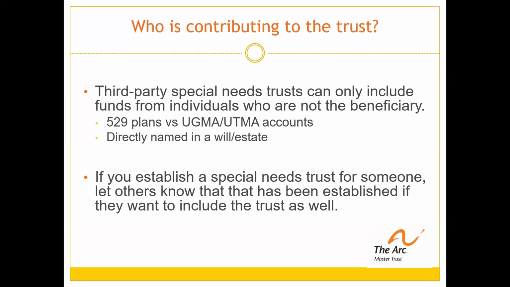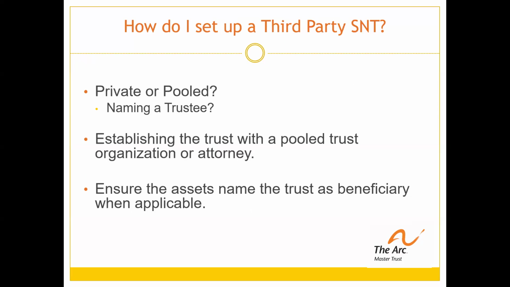A special needs trust can have multiple donors, so multiple people can have the same trust listed as a part of their estate planning. If you have friends or family members who already named the individual you're establishing a trust for in their estate planning, you could let them know that you have established a third-party trust, and it might be beneficial for them to name that third-party trust as a part of the estate planning.